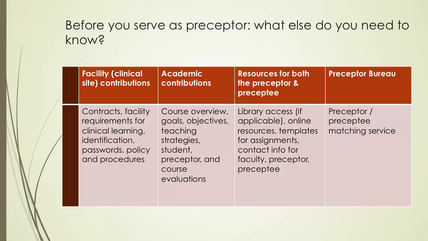Preceptors will be expected to obtain and review the students' program goals and objectives. That material is provided by the specific educational institution. Many of these documents are shared via a dedicated website or electronically via email. When serving as a preceptor, always request a contact person who can be reached while the student is in the clinical setting should questions arise.